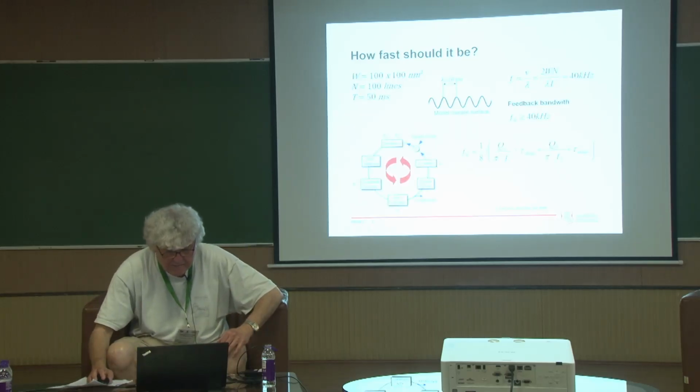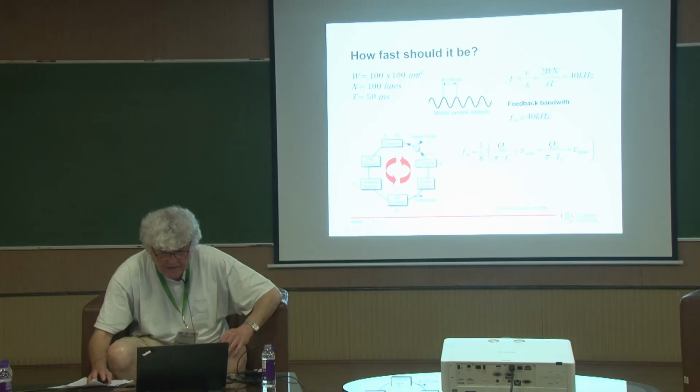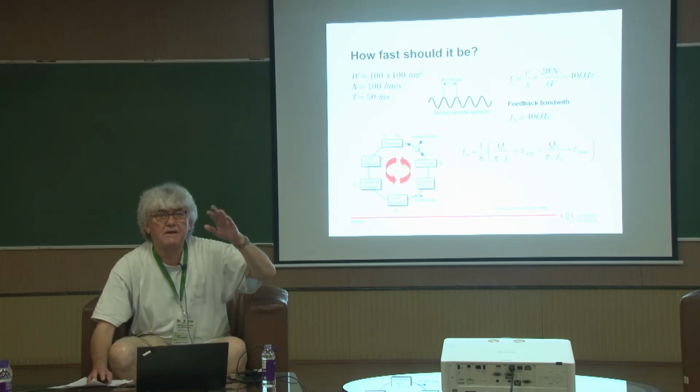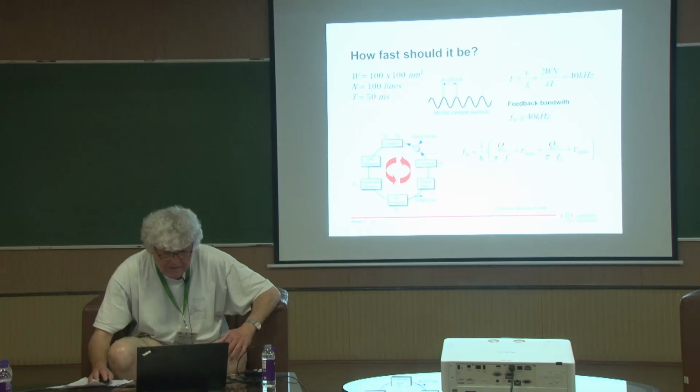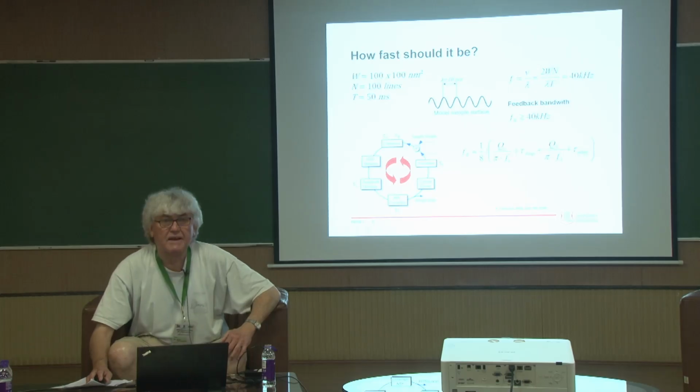And this is where the times come from. This is the time delay from the cantilever, because of the mechanical properties of the cantilever. Then the amplitude detector, and then the scanner. That is the time delay of the scanner, and some other time delays.